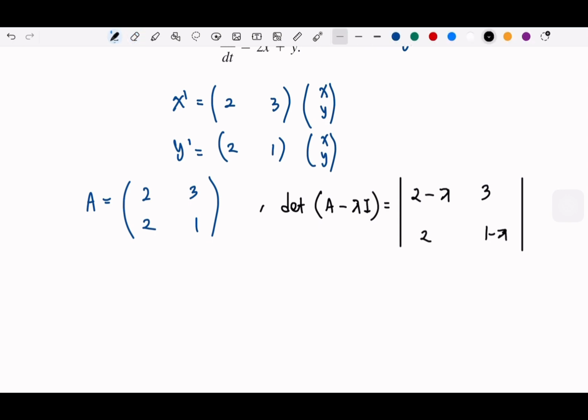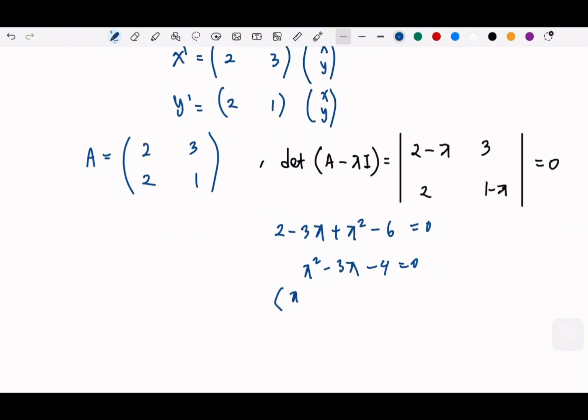This will be 2 minus 3 lambda plus lambda squared minus 6, and we need to make sure that this is equal to 0. So I will write lambda squared minus 3 lambda minus 4, and we can factorize. We get 2 lambdas, as we expect from the 2 by 2 matrix. The first lambda is negative 1, the second lambda is 4.